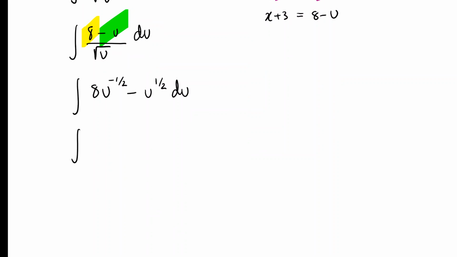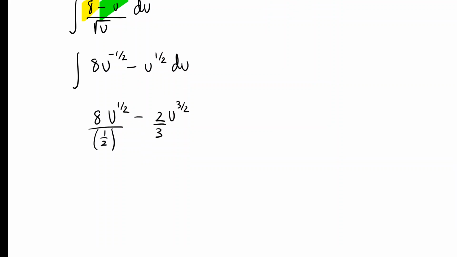Integrated, this becomes u to the power of 1/2, 8 divided by the new power of 1/2, minus u to the power of 3 over 2 divided by 3 over 2, so multiplied by 2 over 3. And this can be simplified a bit, so 16u to the power of 1/2 minus 2 over 3 u to the power of 3 over 2.